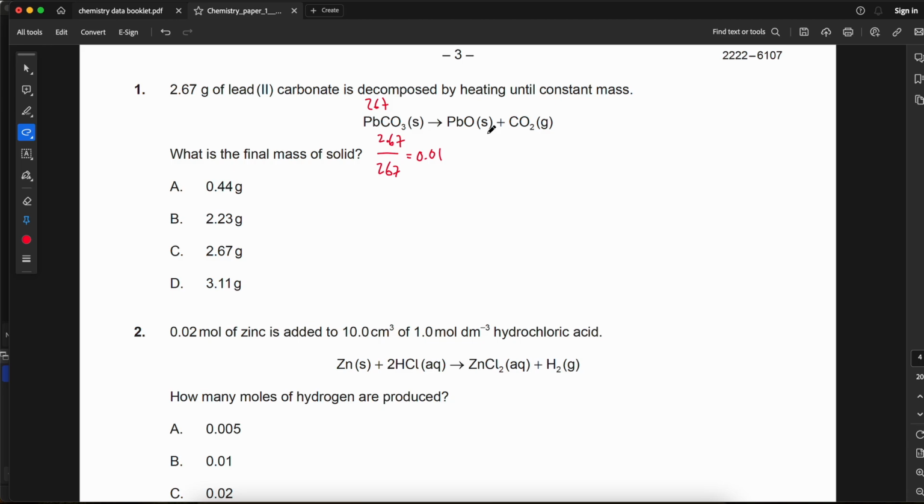And for the final mass of solid, which is PbO, that would be the same number because the coefficient is the same. So mole is 0.01 and molar mass of PbO is 243. So to find mass is mole times molar mass, 0.01 times 243, you will get 2.23 gram.